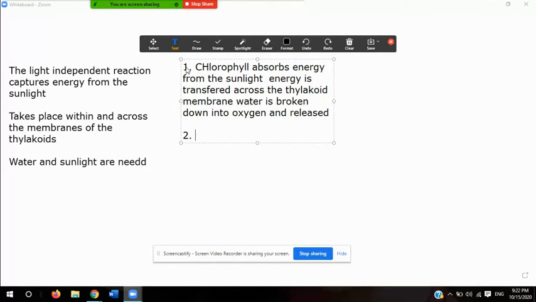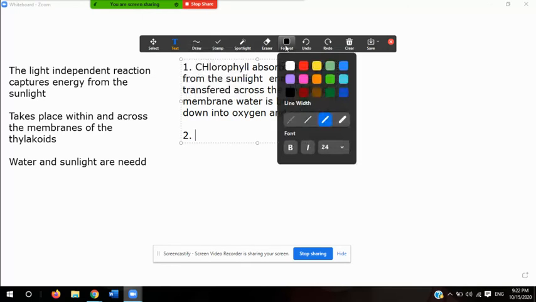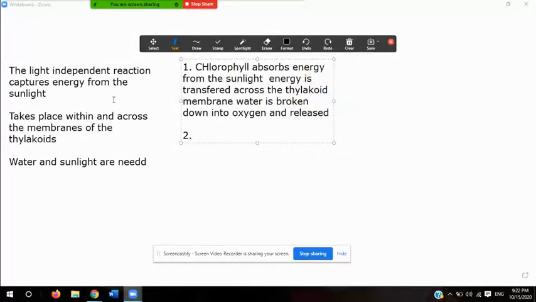Okay, the light dependent phase. I realize I wrote light independent, and this is actually the light dependent. So let me fix that typo here. That is an error. I just realized that now. This is not the light independent phase. Right here, it's supposed to say light dependent.